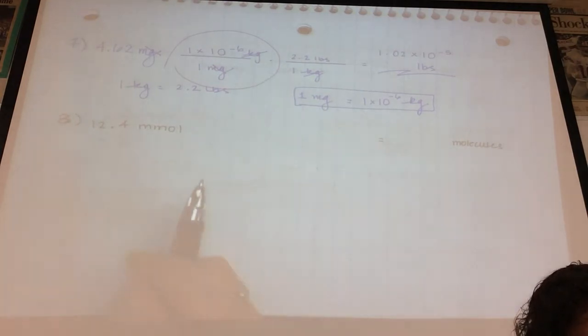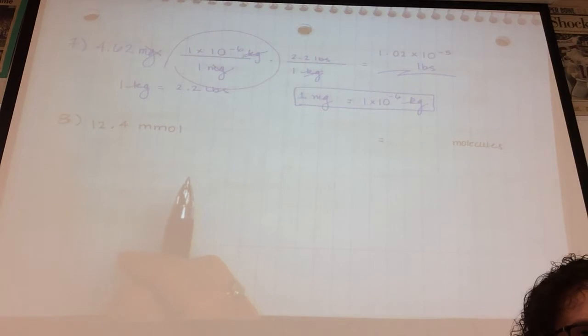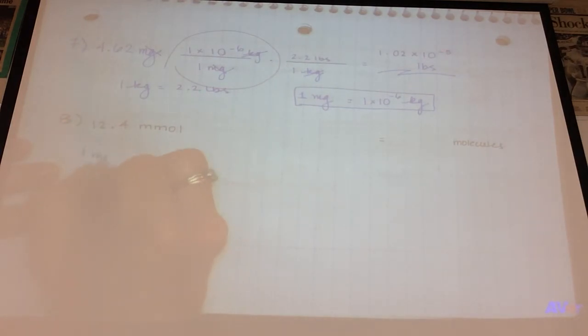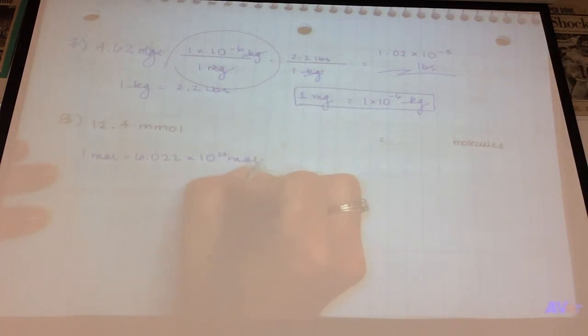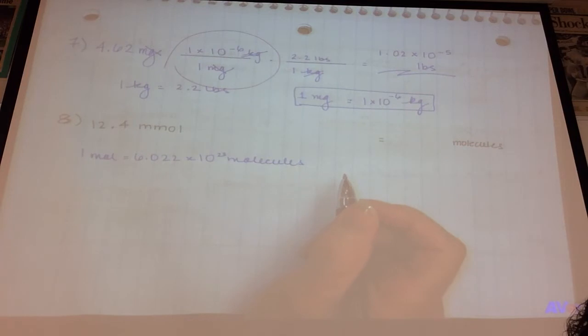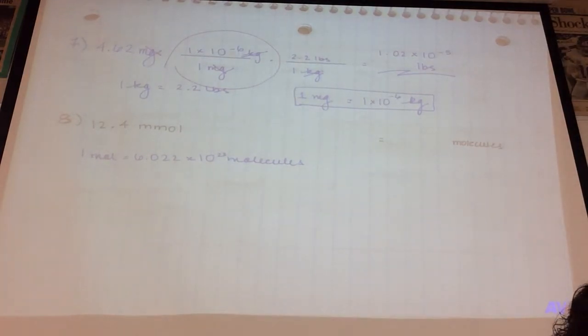No. What's the only conversion you have with molecules? Molecules to moles. All right, so 1 mole is 6.022 times 10 to the 23rd molecules. Now some books will just write 6.02 times 10 to the 23rd. Don't worry about it. All right. So now what are you thinking?